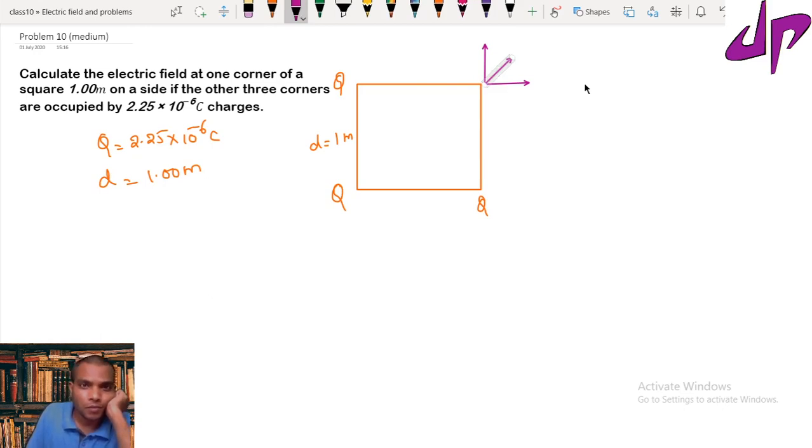Now, I can call the electric field due to the three charges first, second and third. So this is E1, this is E2 and this is E3.